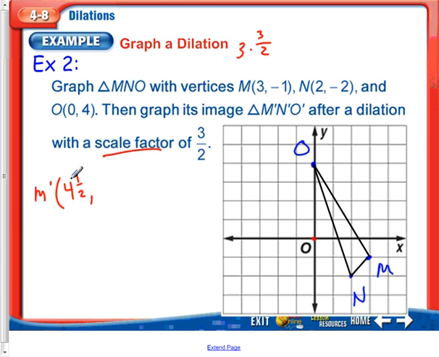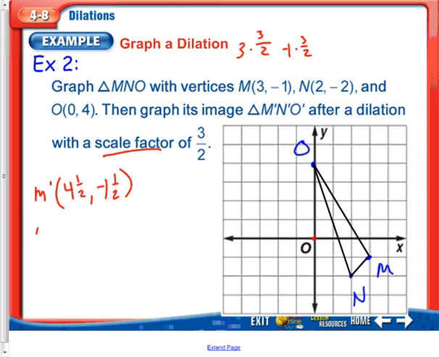And I am going to write it as a mixed number here just so it's easier for me to graph it later. And then I'm also going to take the -1. -1 times 3/2. Well, I know that that's going to be -3/2, and 3/2 would be 1.5. So -1 1/2 is going to be my M prime.